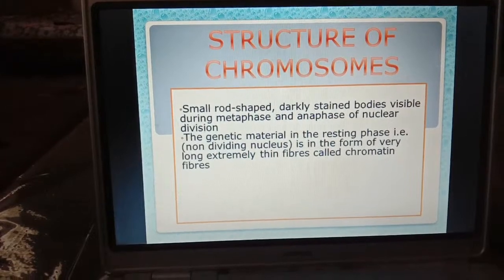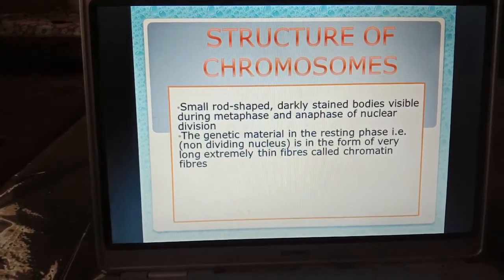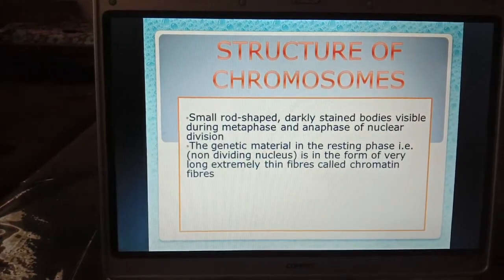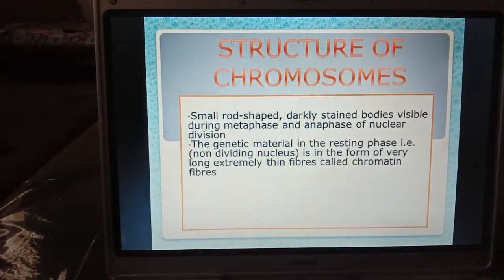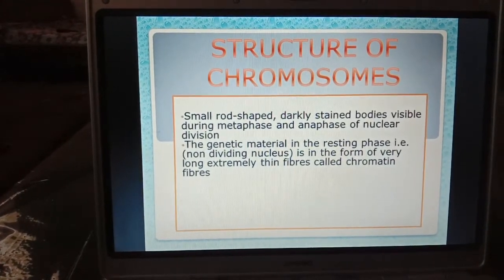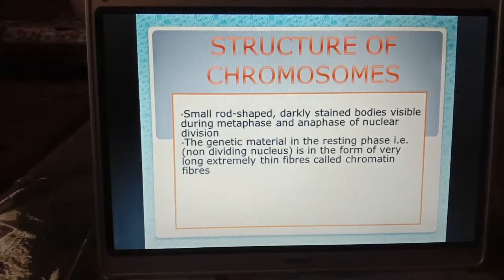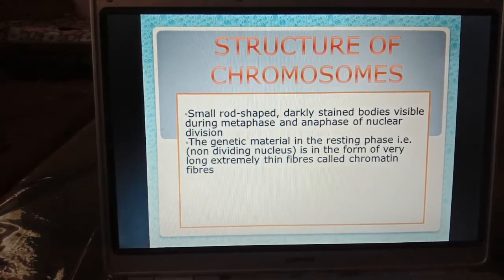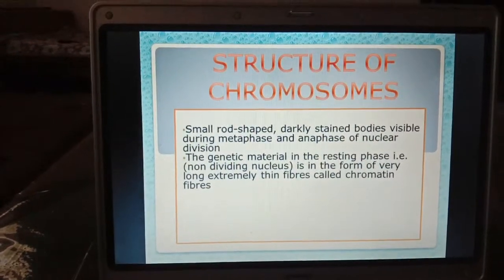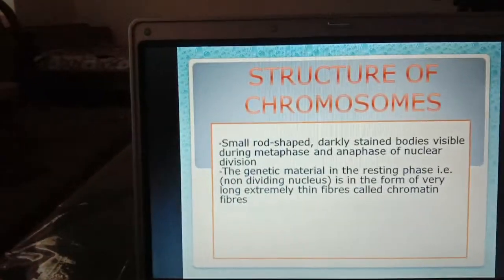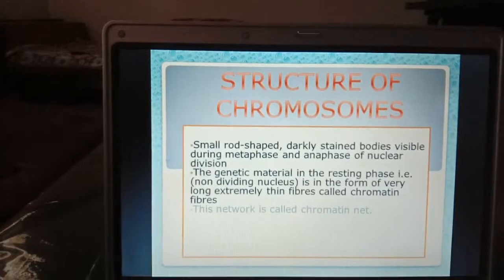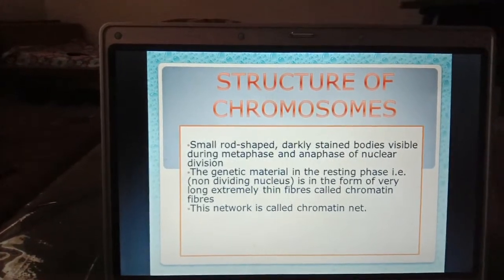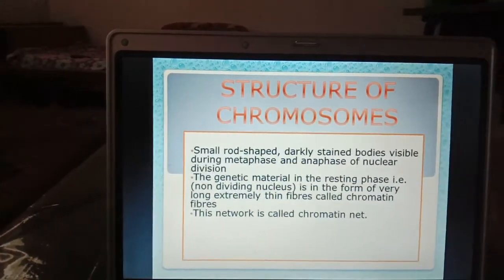The genetic material in the resting phase, that is the non-dividing nucleus, is in the form of very long, extremely thin fibers called chromatin fibers, which form the chromatin net. This network is called chromatin net.